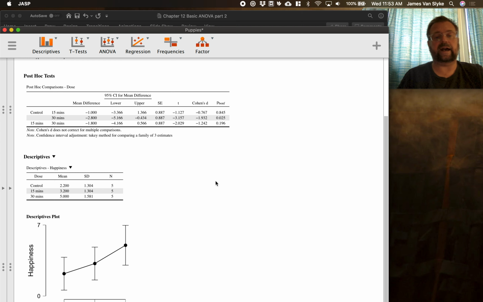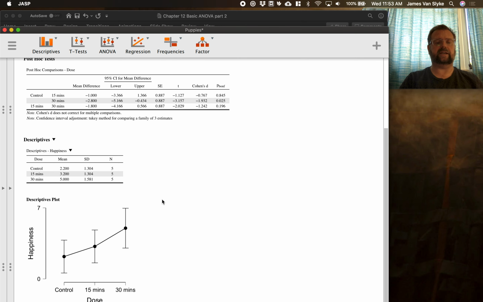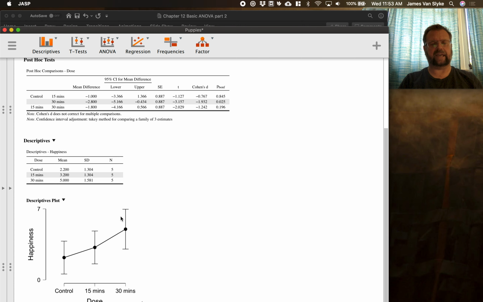That is actually significant, but it's also, once again, still just a t-value, just as we've seen before. And if we look at the descriptives plots as well, we can notice that the 30 minutes probably has the biggest difference from the control group. That's where the biggest difference in means lies, and that's what we see in the post hoc tests as well.